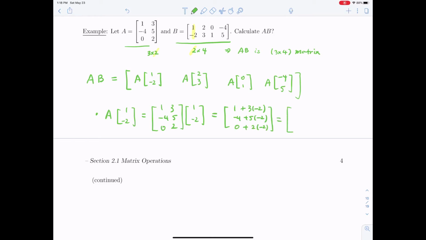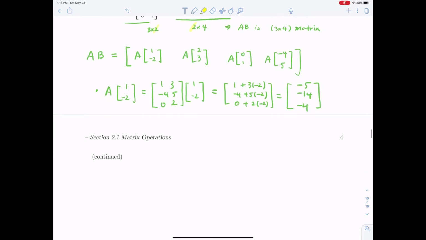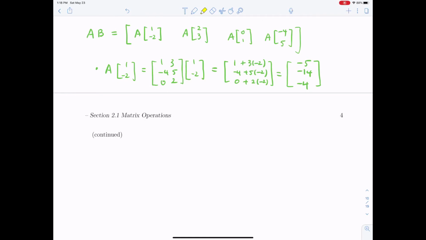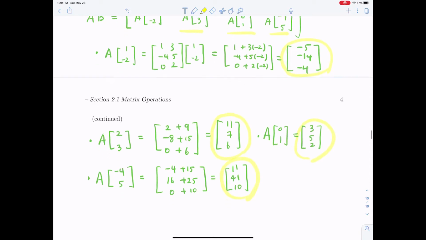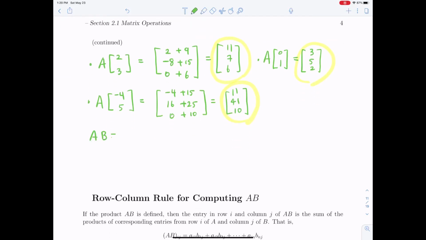That gives you negative 5, negative 14, and negative 4. If you do the same calculation for the other columns and cook up a matrix using these vectors as columns, then we get AB equals negative 5, negative 14, negative 4, 11, 7, and 6, and 3, 5, and 2, and 11, 41, and 10.